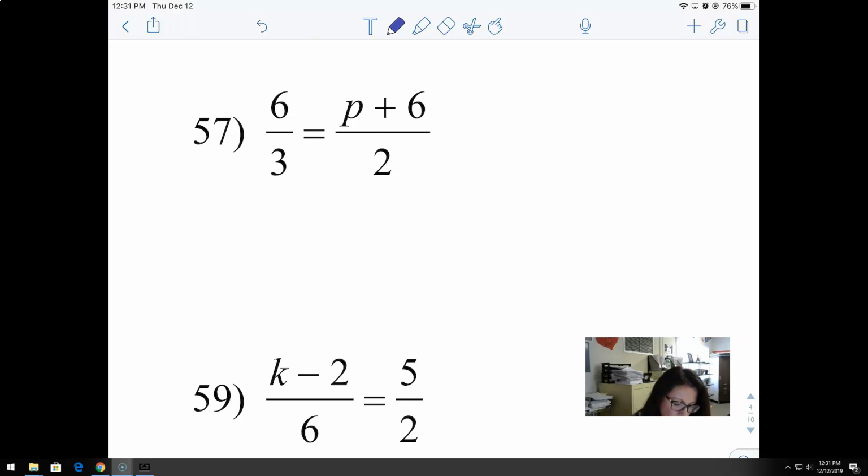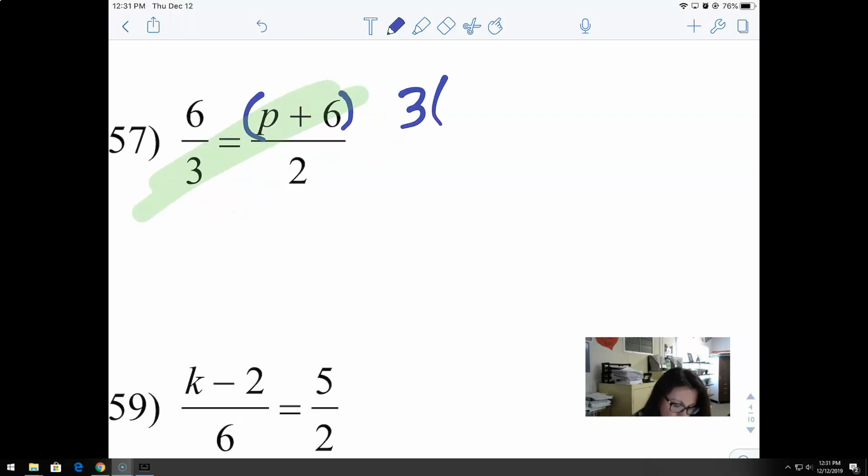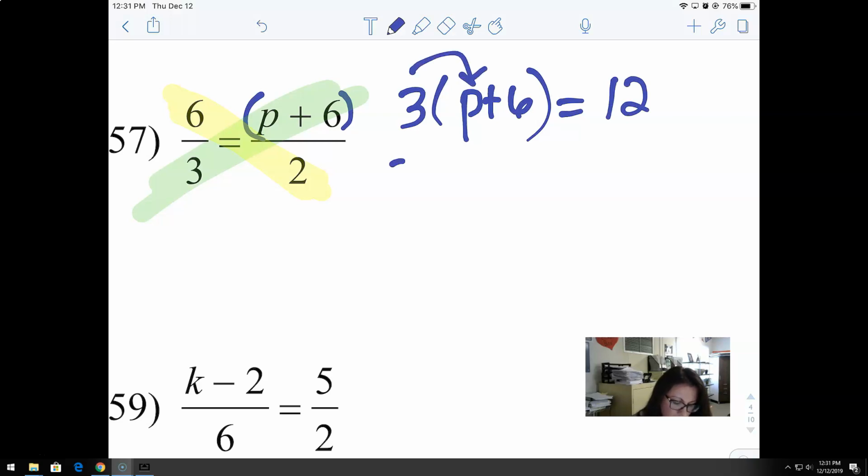So I'm going to go ahead and solve by putting parentheses around here and then finding the cross product. So what I get is 3 times the quantity of p plus 6 is equal to the other cross product of 6 times 2, which is 12. So I'm going to distribute and get 3p plus 18, which equals 12.